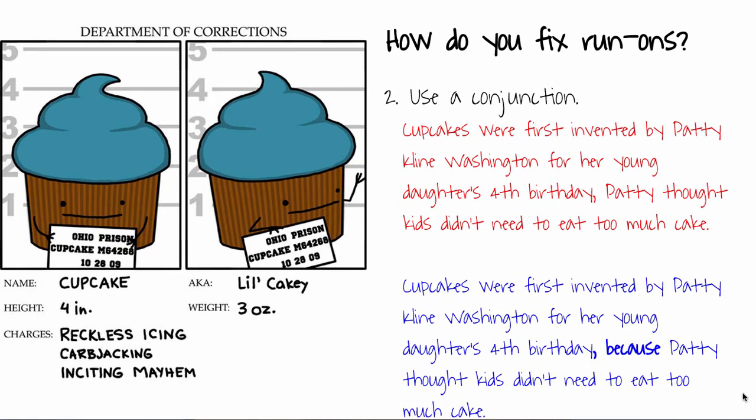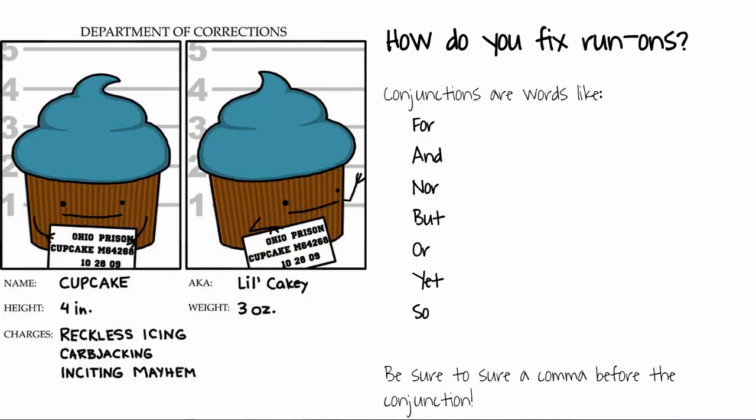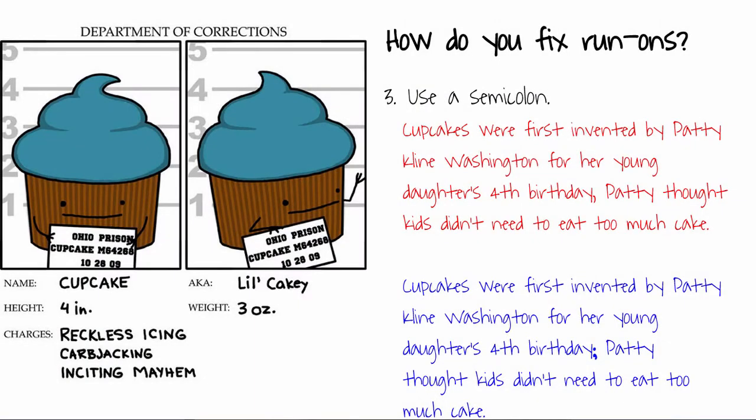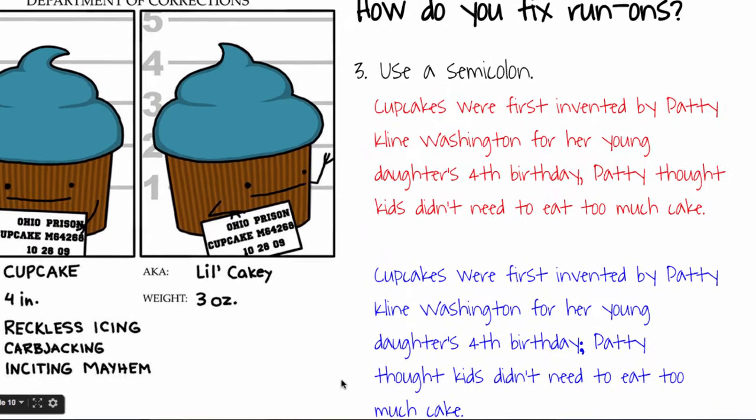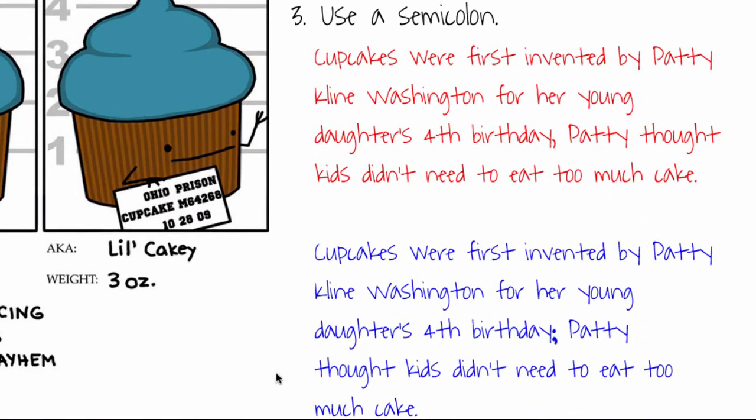My next strategy for fixing a run-on sentence is using a semicolon. A semicolon is a punctuation mark that is really cool because what it allows you to do is to combine 2 sentences that are related to each other into a single sentence. You can basically just glue them together. So here's my fixed example. Cupcakes were first invented by Patty Klein Washington for her young daughter's 4th birthday, semicolon.